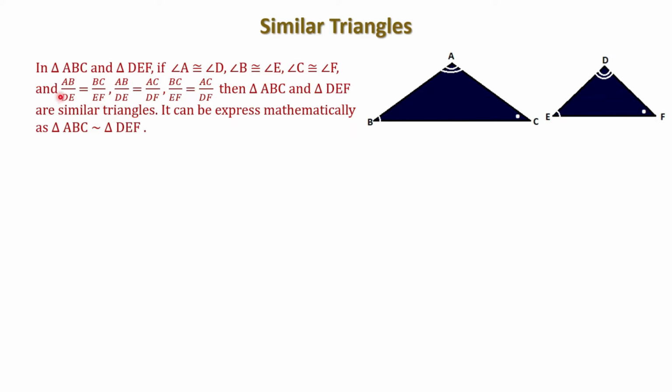Similarly, if the ratio of these two sides and these two sides is the same, then these two triangles are similar triangles, and this can be expressed mathematically in this way. See this, this is a horizontal S. We can write a horizontal S in between these two triangles to represent it mathematically.